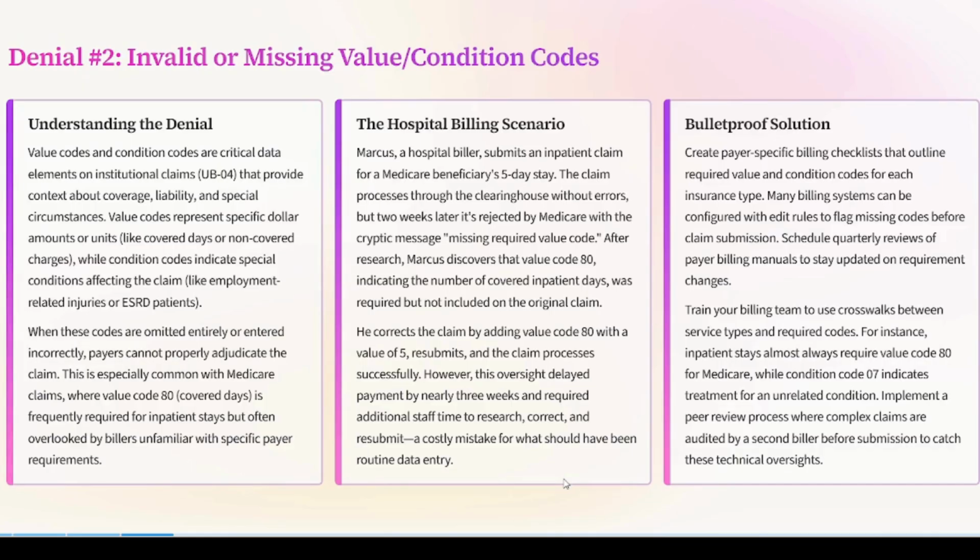When these codes are omitted entirely or entered incorrectly, payers cannot properly adjudicate the claim. This is especially common with Medicare claims, where value code 80, which is the covered days, is frequently required for inpatient stays, but often overlooked by billers unfamiliar with specific payer requirements.